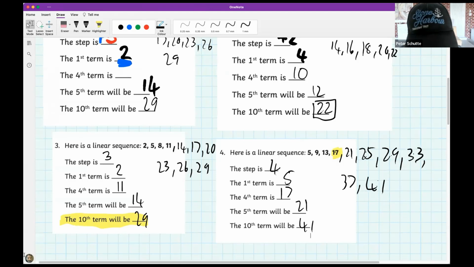Okay, now I just want to get a feel for the class because I know that I'm deliberately making this a little bit frustrating, because when I show you how to work out a formula, you're going to see the magic of formulas. But I just want to see, do give me a thumbs up if you feel comfortable working these out. Give a thumbs down if you don't feel comfortable working these types of questions out.